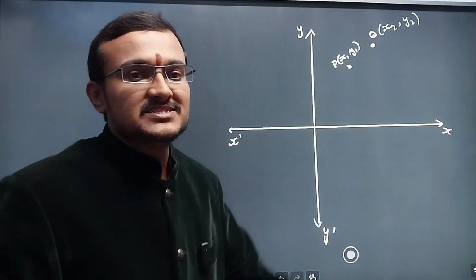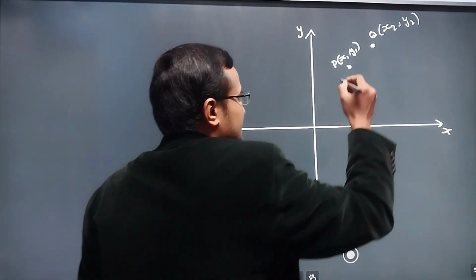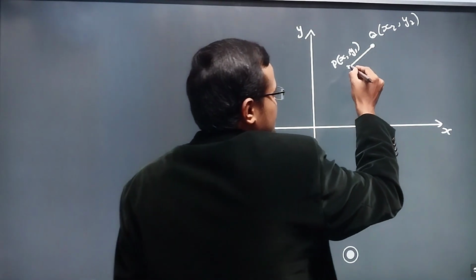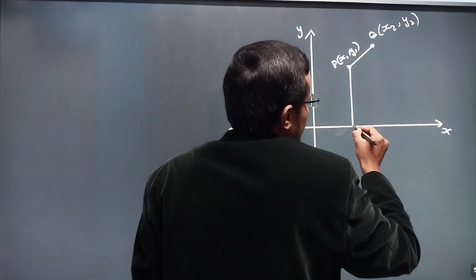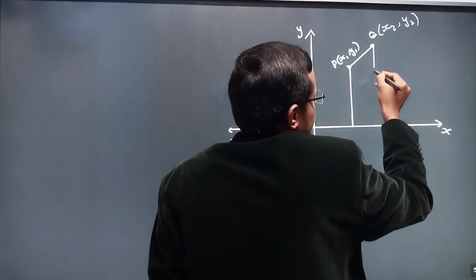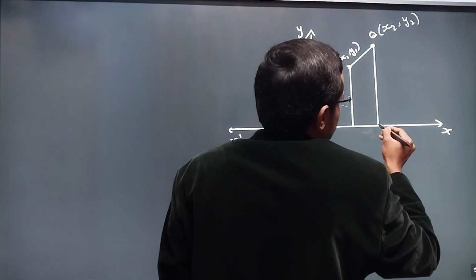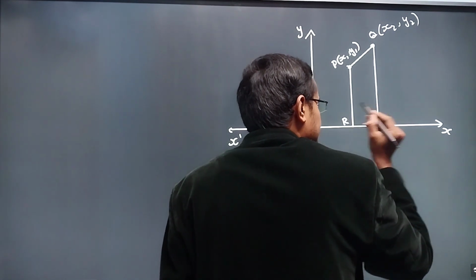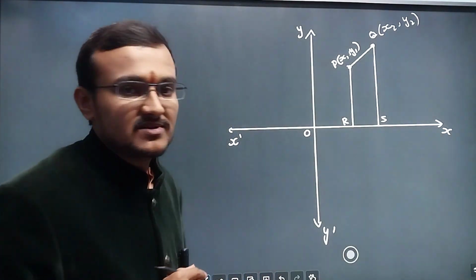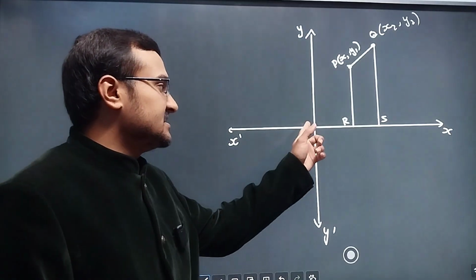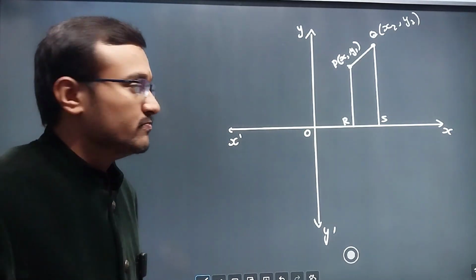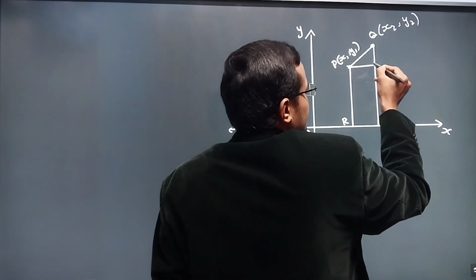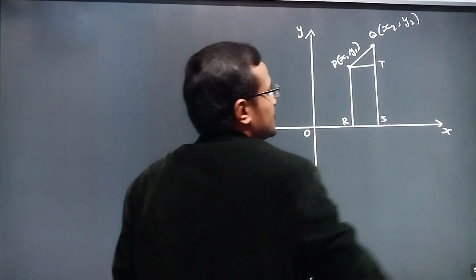Now I need to find the distance between P and Q. In order to find it, I will draw a straight line connecting P and Q, and I will draw a straight line perpendicular to the x-axis from P, and one more perpendicular to the x-axis from Q, like this. Here also I will consider these points as R and S, and this intersection point of the x and y axes we can take as origin O. Now I'll draw a perpendicular line from P to QS, so this is PT.